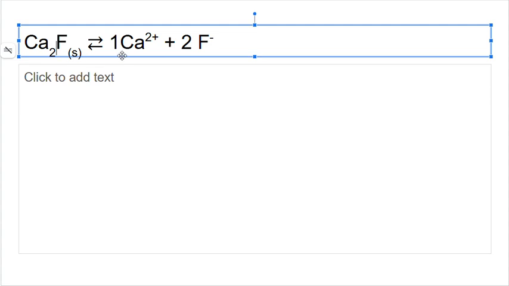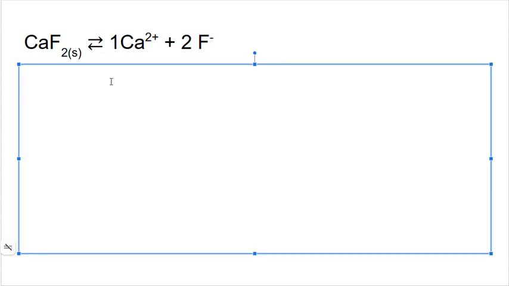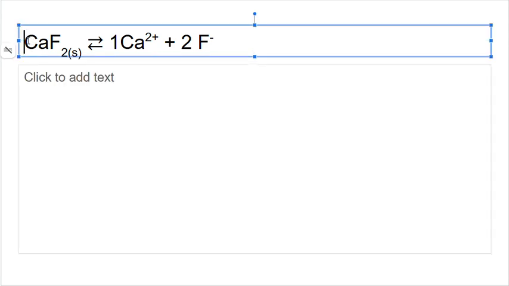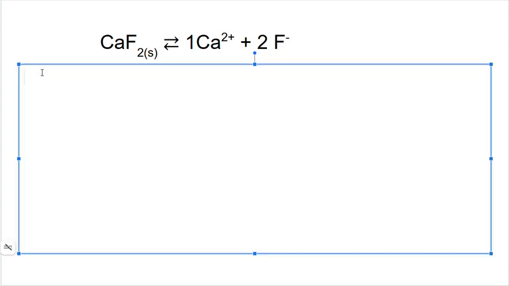Why is that 2 there? That 2 is in the wrong spot. I apologize, team. That should be CaF2. That makes more sense. All right, so I've set up the first part. Like I said, drawing this out on the board would have been a lot easier, but we don't have time for that right now. I'm asking you guys to learn from home, and without that ability, it's tough.